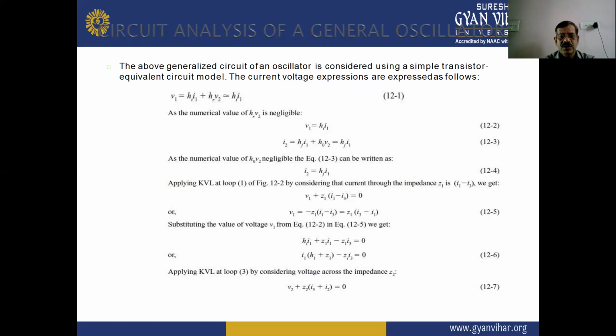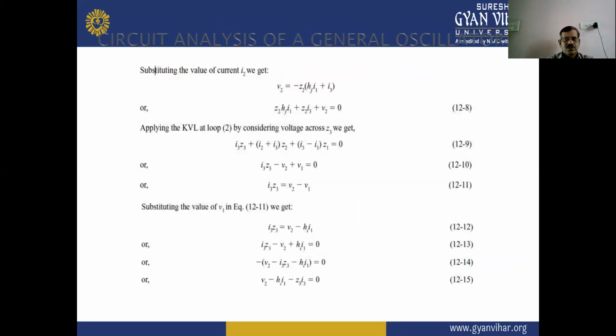The voltage across the impedance Z2 will be V2 plus Z2 into (I3 plus I2) equal to 0. Substituting the value of current I2, we get Z2 hf I1 plus Z2 I3 plus V2 equal to 0.